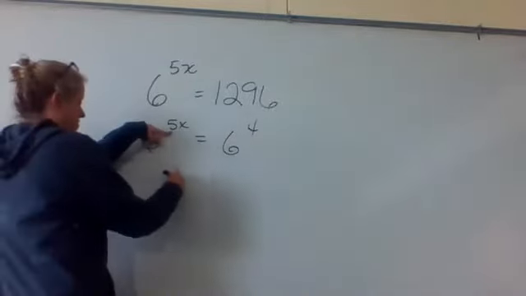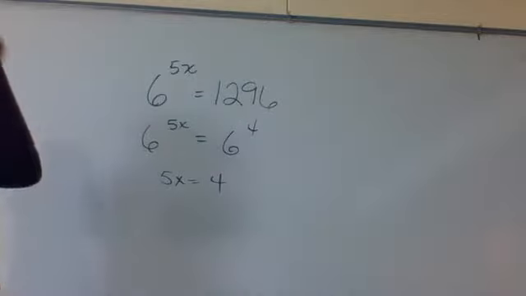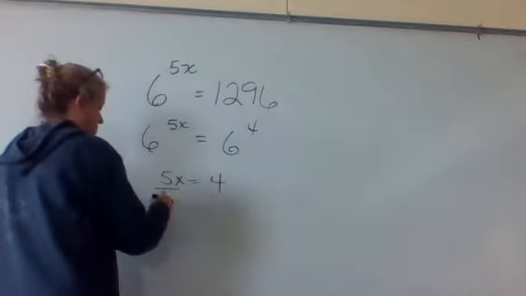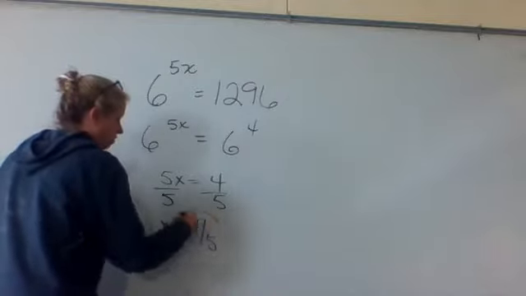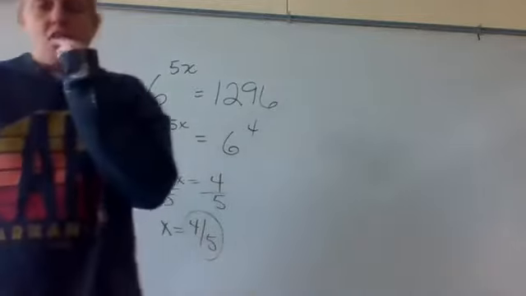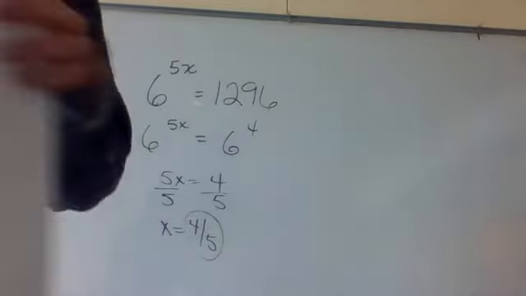So that would be 5x equals 4, and then solve it for x. So divide by 5. So x equals 4/5. So that is that method if your bases can be written the same.